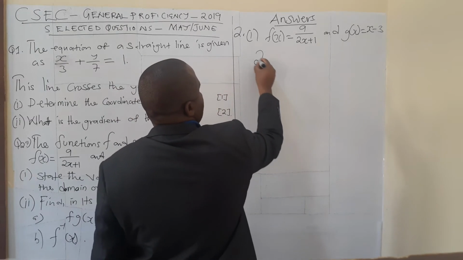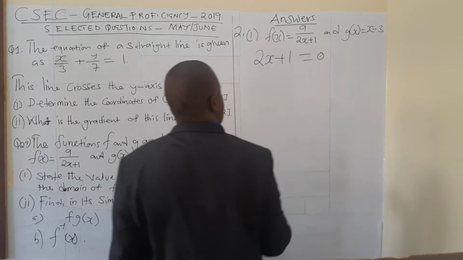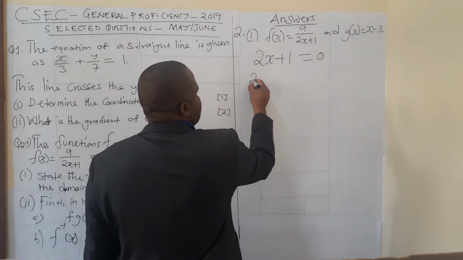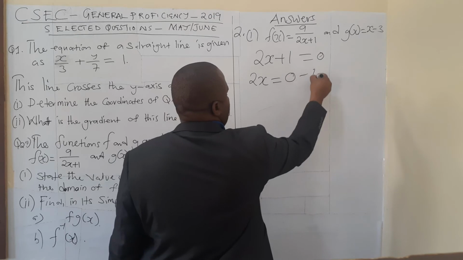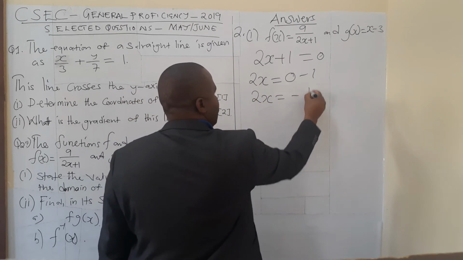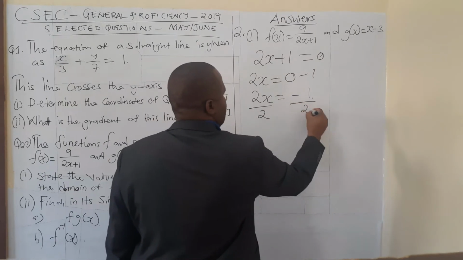So we are going to say 2x plus 1 is equal to 0. Right? So 2x is equal to 0 minus 1, and 2x is equal to negative 1. So we divide by 2, we divide by 2.